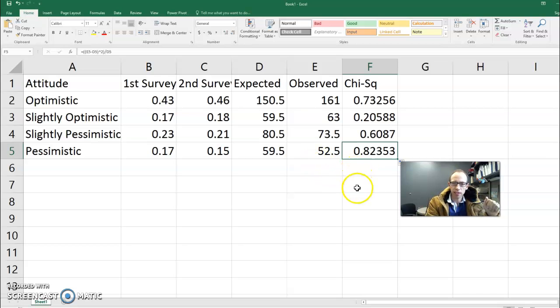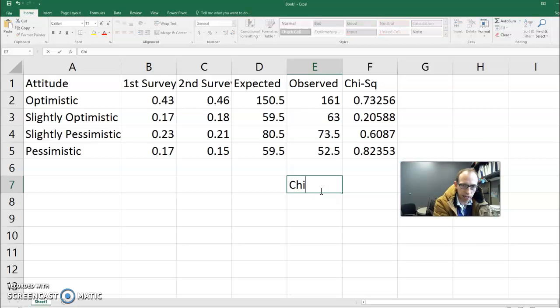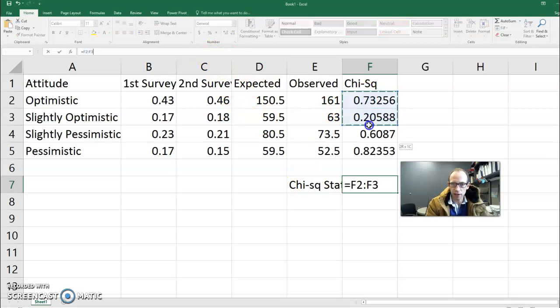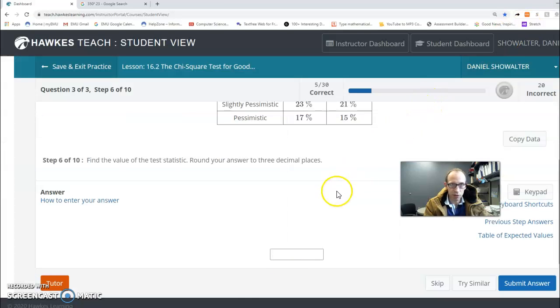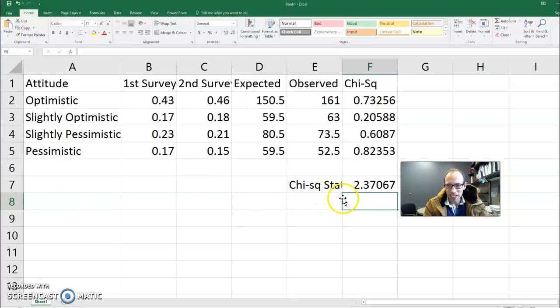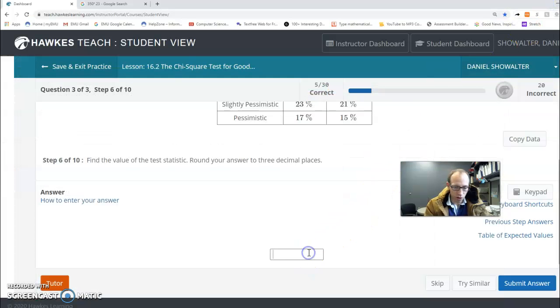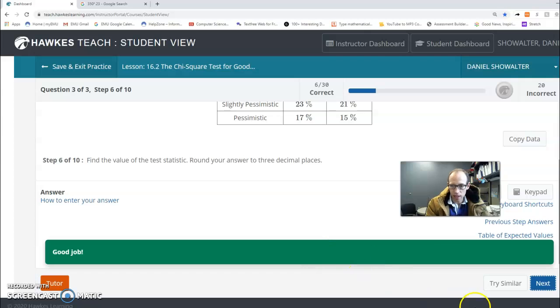Now our chi-squared statistic is just a matter of adding up the individual chi-squared values here. So I need a SUM in there. And that should give us 2.371, to 3 decimal places.